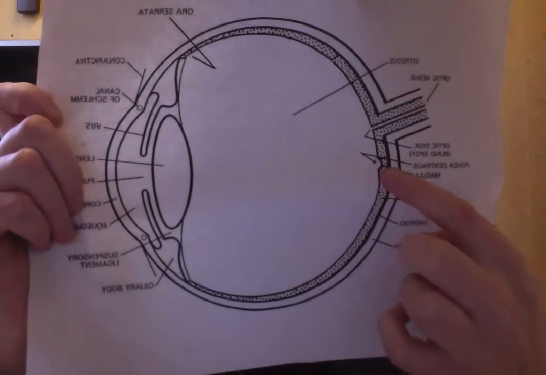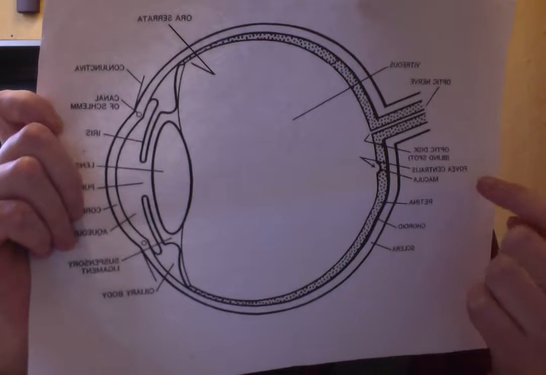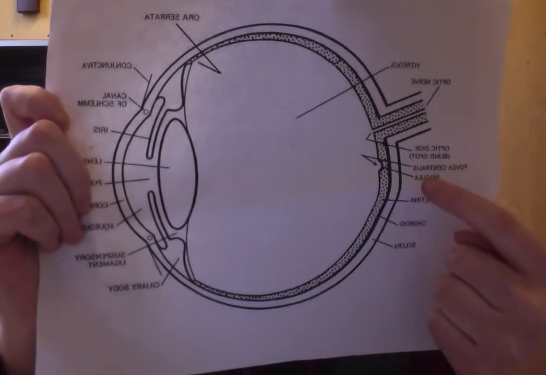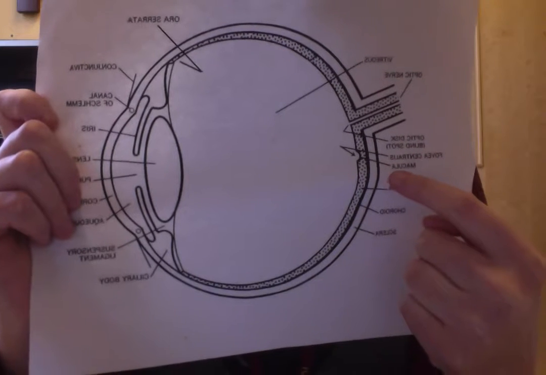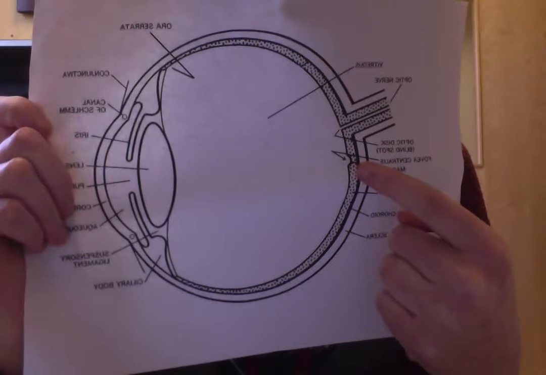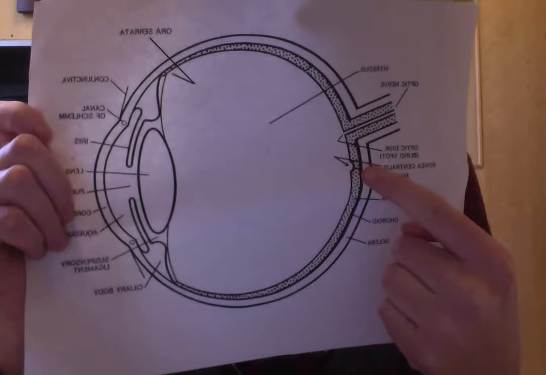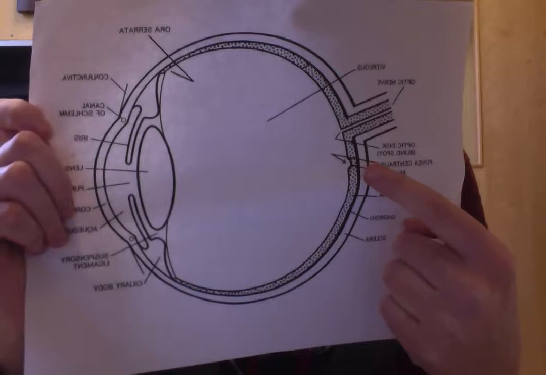Alright, so macula, and at the middle of the macula here, or the center of the macula, is the fovea centralis. And that's the part of the macula where there's the highest concentration of cones, and it's actually only at this point where we have 20/20 vision.